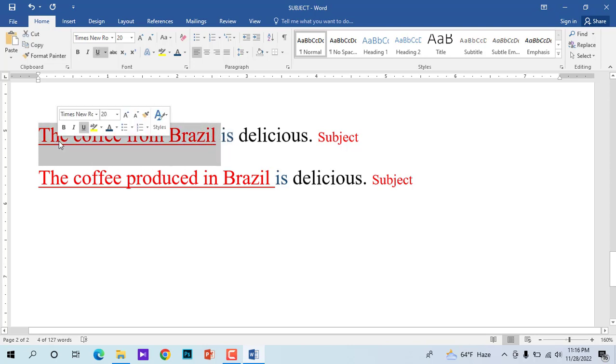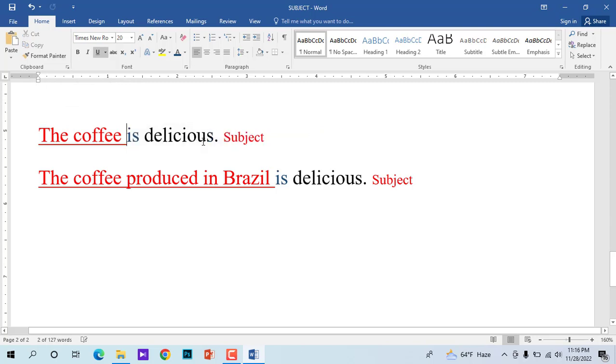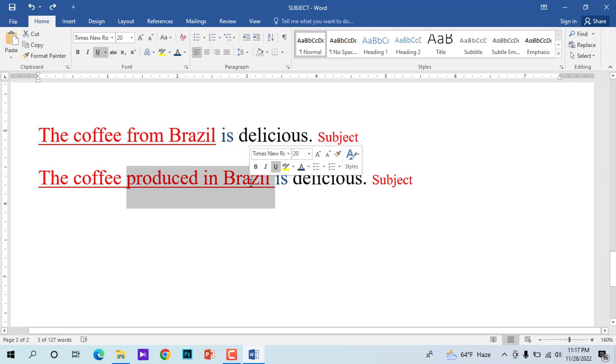We are not talking about just the coffee being delicious, but we are also talking about the coffee from Brazil. Here in this sentence, the coffee is delicious, but we are not talking about just a coffee. We are talking about the coffee from Brazil being delicious. We are also saying the coffee produced in Brazil is delicious.